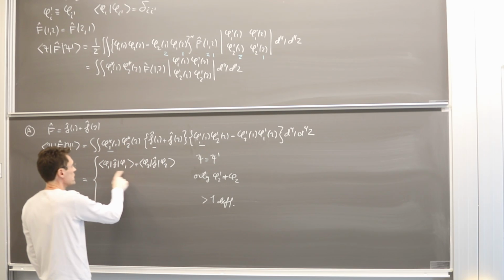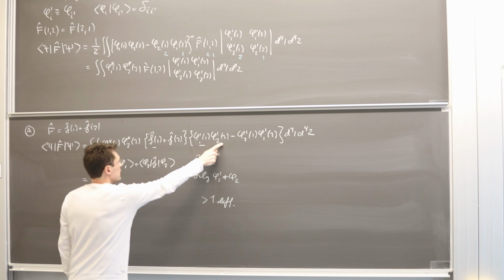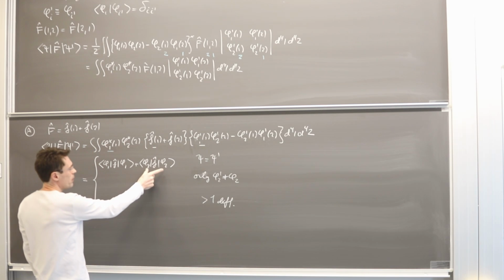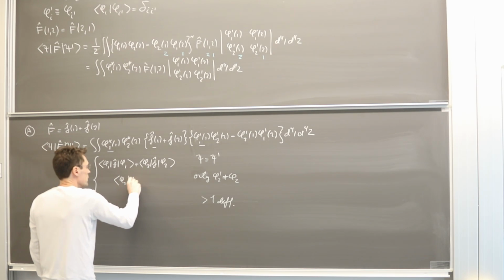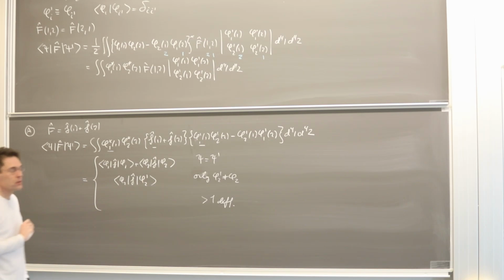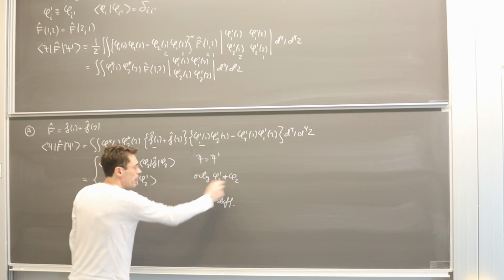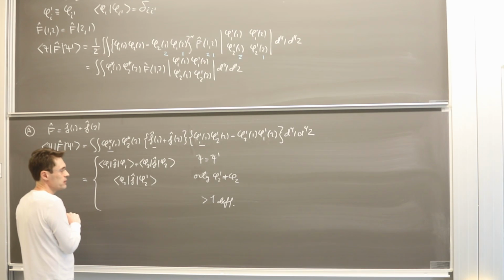So this term which I had here will actually be 0 because of the orthogonality. So the only term I'm left with is this one, which now reads like this. So if 2 and 2 prime are different, this is the only term that survives.